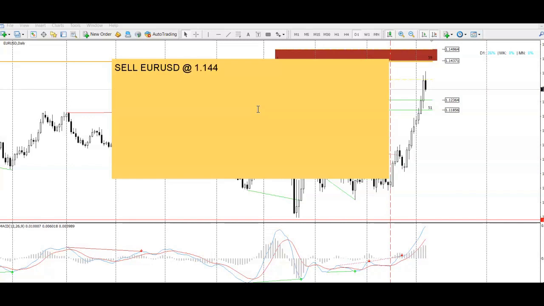Stop loss is going to be, say, 1.15. Okay, make it a nice round number. Take profit, again 1.11, a nice 3 to 1. Again, when the volatility's picked up, these moves can go to the take profit pretty quickly. We are in the higher time frame there.